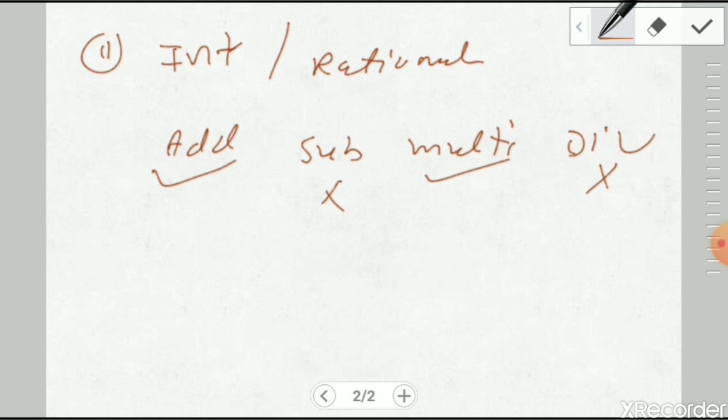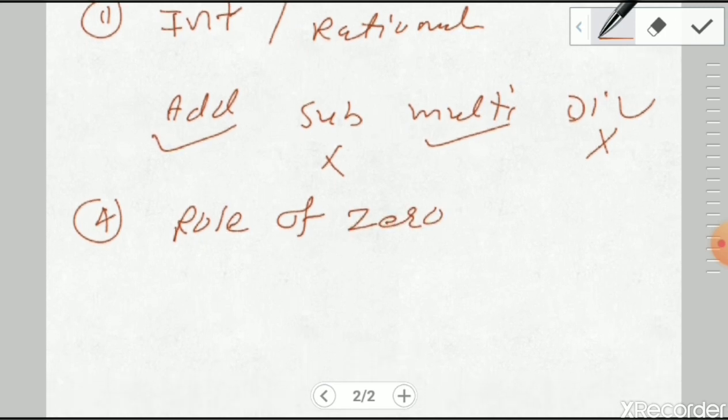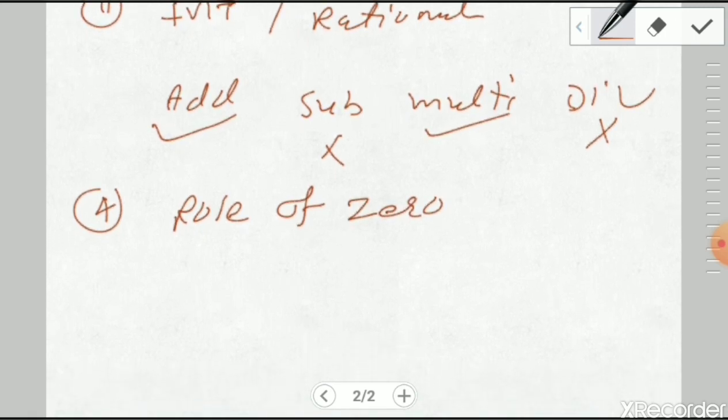Now another property, the role of 0. The fourth one is the role of 0, or we can say additive identity also.